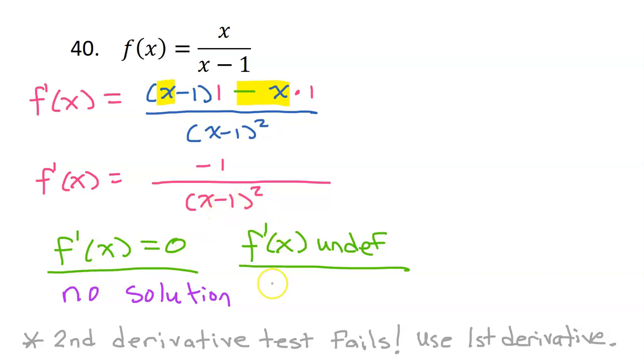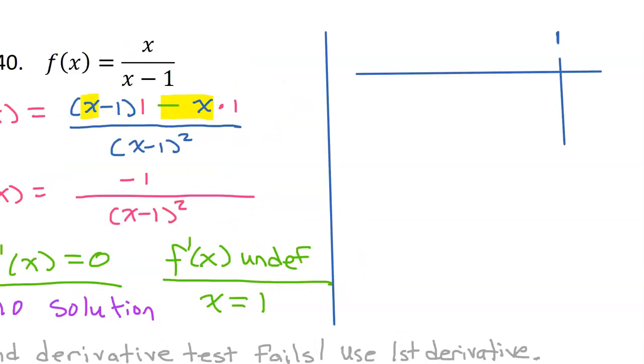And that comes from the denominator, and we can see that at x equals 1, f prime is undefined. So let's put this on a number line and make a sign chart. So here's my number line coming along quite nicely. Here is x equals 1, my only test value, my only critical number.